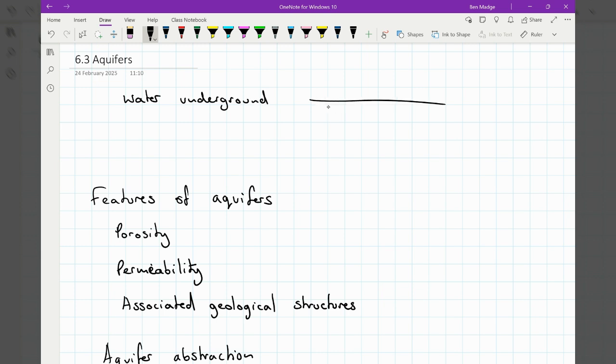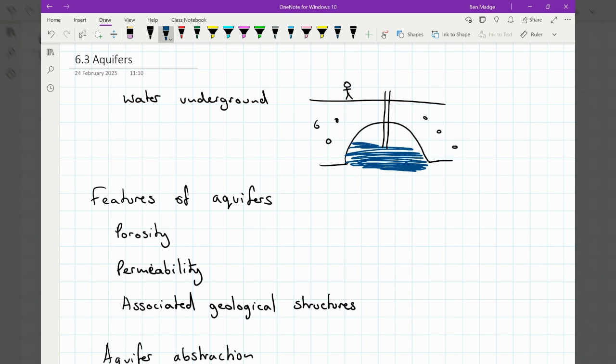And what they imagine is that under their feet there is some sort of giant cavern in the rocks full of water, just waiting there, like a big pool of water, like an underground swimming pool or something like that. And they imagine that they can somehow get a straw down there and suck up this water for use. Okay, but actually, this is not how aquifers work.